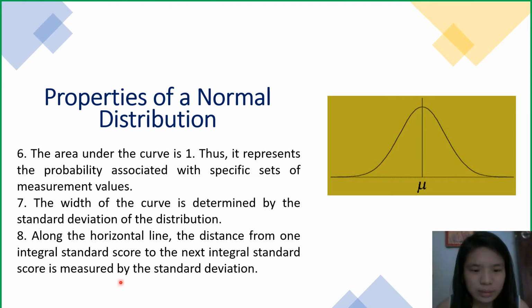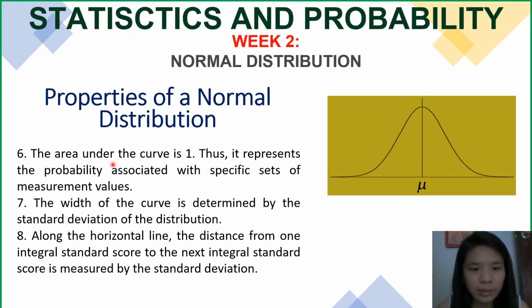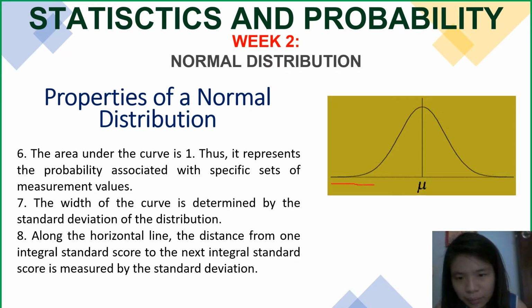So, number 6, the area under the curve is 1. Thus, it represents the probability associated with specific sets of measurement values. So, anong ibig sabihin nitong the area under the curve is 1? So, nasan yung area under the curve natin? Eto.